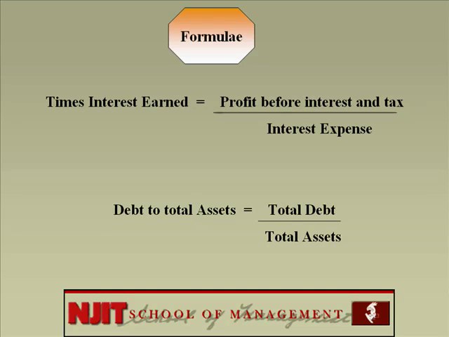So if your company applies for a loan and the loan officer computes the times interest earned from your income statement, and he or she gets a number less than 5, their conclusion is you're gonna have difficulty paying off your existing creditors.